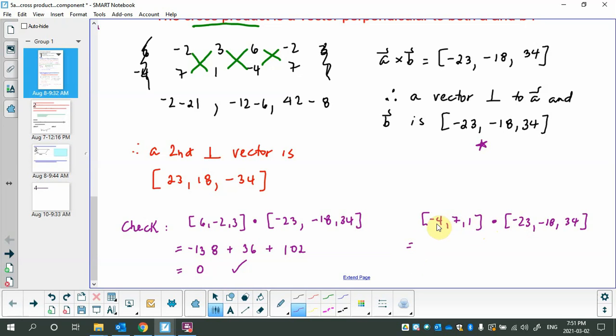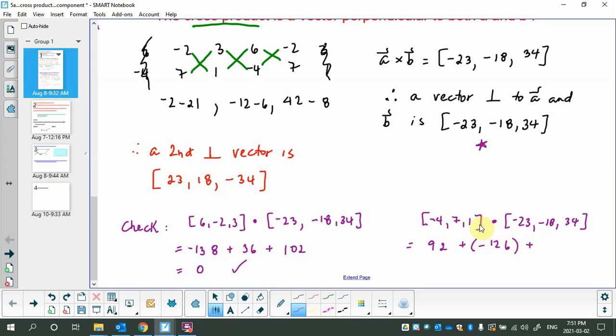So negative 23 times negative 4, or negative 4 times negative 23, whichever the case is. And that is 92. Plus 7 times negative 18 will be a negative. It'll end in a 6, and it'll be 126.